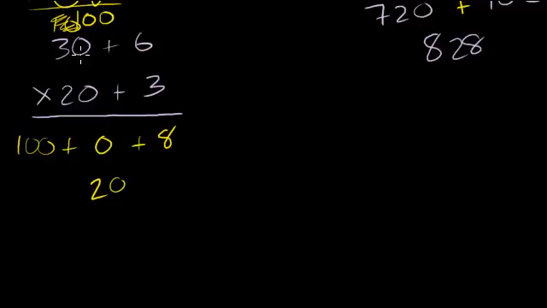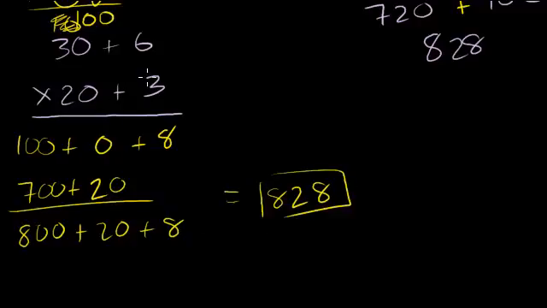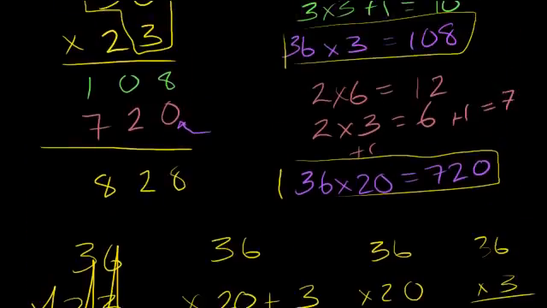But 20 times 30 is going to be 600, and you add another 100 there, that's 700. And then you add them all up, you get 800, right? 100 plus 700 plus 20 plus 8, which is equal to 828. My point here is to show you why that system we did worked, why we added a 0 here to begin with. But if it confuses you, don't worry about that right now. Learn how to do it, and then maybe re-watch this video.